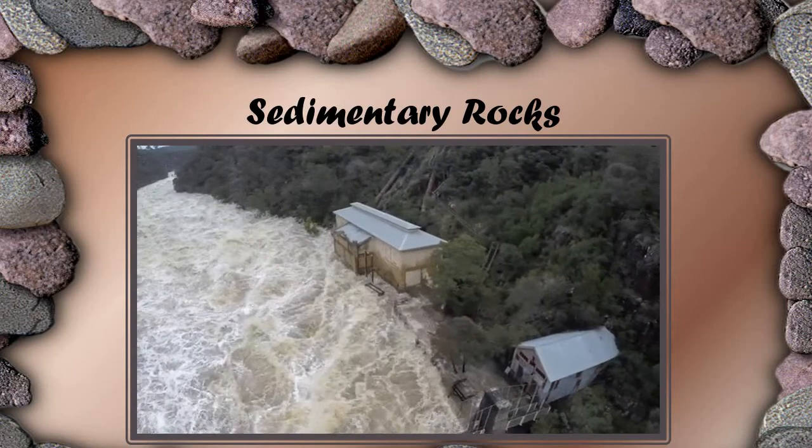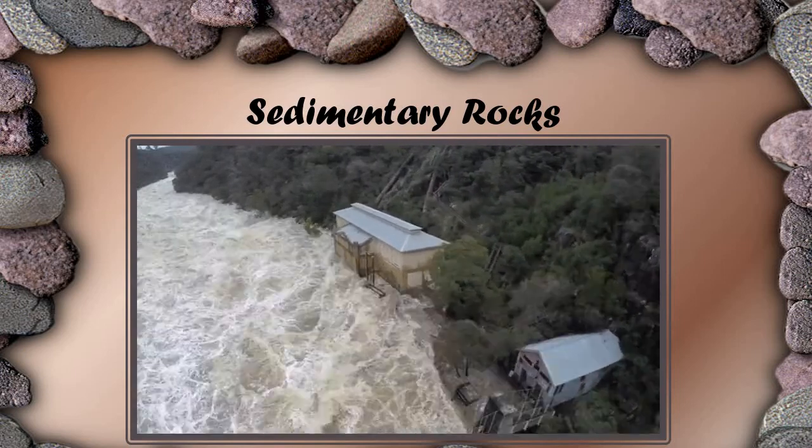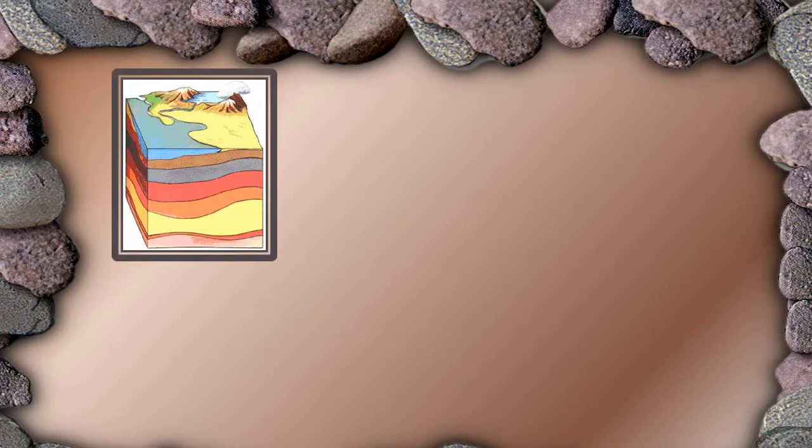Layers of sediments get deposited. We will see in the next picture here. You can see here, the water is flowing from the river, and the sediments, the pieces of rocks which are carried through water, get deposited in the form of layers.